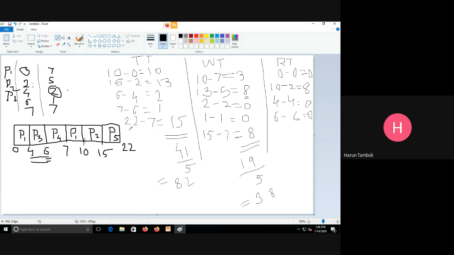And for P5, again it is 15 minus 7, which is equal to 8. So the total response time is 16. Okay, so this is the calculation for total turnaround time, waiting time and response time.